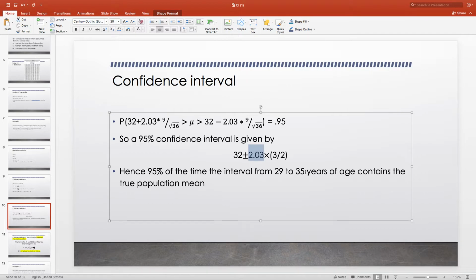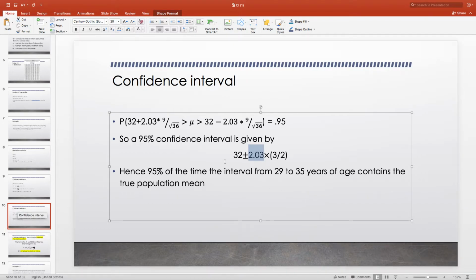Okay, I want to say the random part is the interval, not the population mean, because the population mean is a single number. So it's an important distinction that the 95% refers to the probability that the interval contains the mean. Okay.